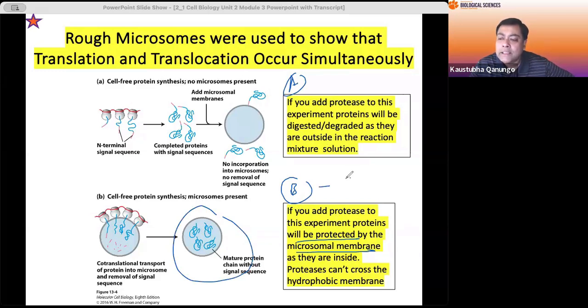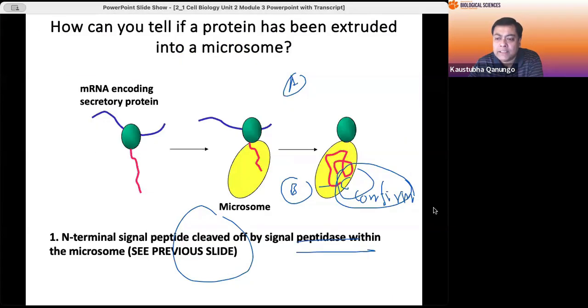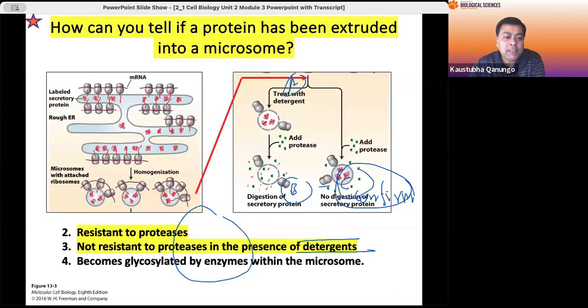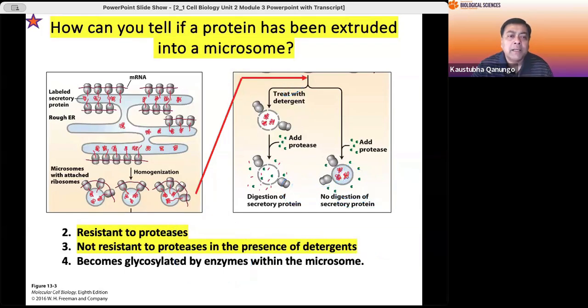Now, in a C experiment, we want to confirm that even more strongly. This is how you connect the slides. This is your C experiment, the confirmatory experiment that indeed the proteins were inside, which is just a continuum of that.